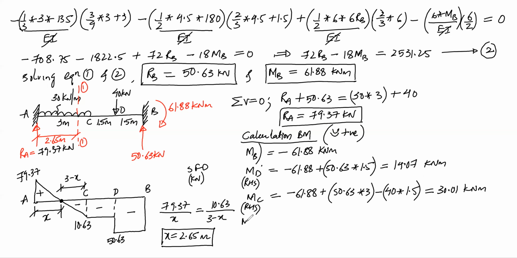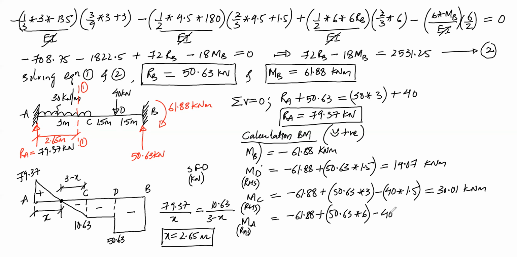And moment at A, if we consider the right hand side, will be at this point. So it will be 61.88, which is hogging, and 50.63 into 6 meters, which is sagging. So 50.63 into 6, and 40 into 4.5, this will be hogging.